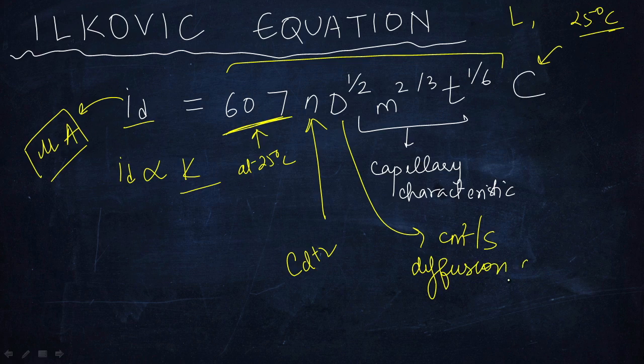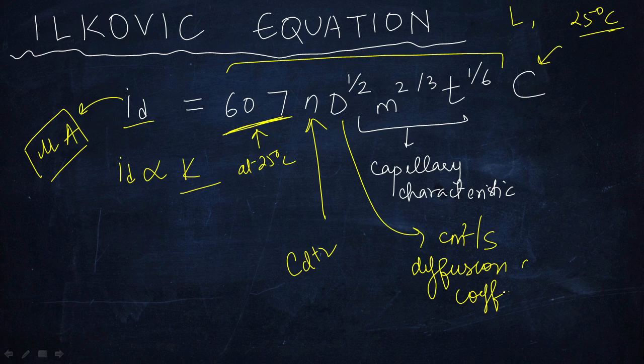D is the diffusion coefficient, right? It is a measurement of how species diffuse. What is the rate at which the species diffuse under the influence of a standard concentration gradient.